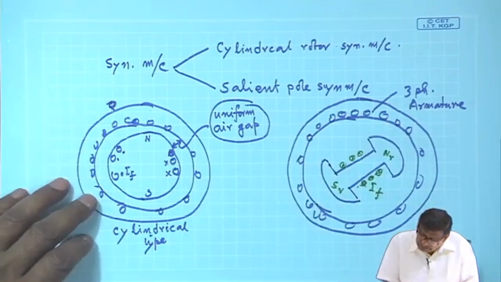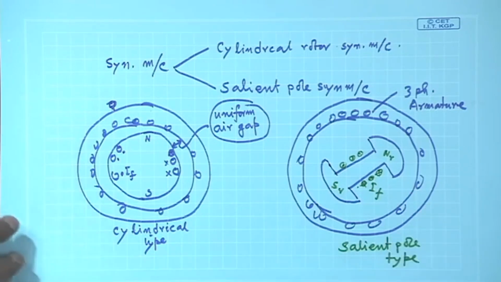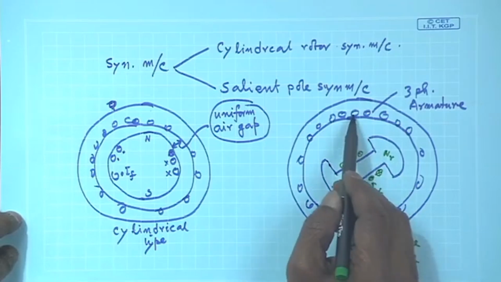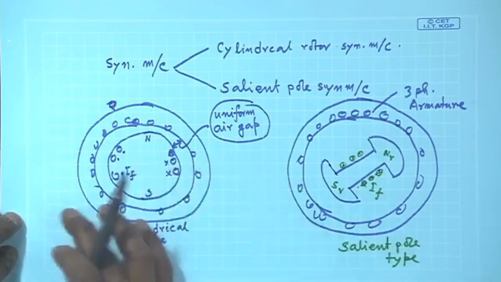So this is the salient pole type. Okay. So, if I rotate this field, then also there will be induced voltage, as before.